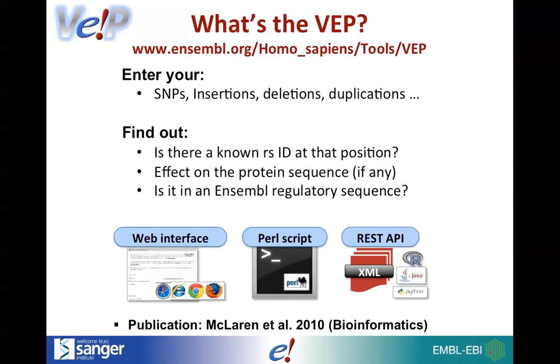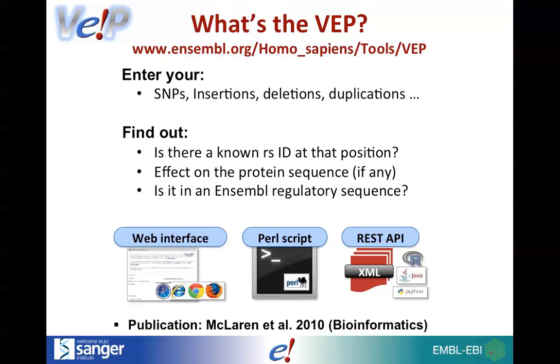So talking about what is the VEP? You've got the URL there if you would like to look into it a little bit further and maybe look at the tool. Basically, you can enter your variants into this tool. So if you have, for example, chromosomal position and different nucleotides or alleles at different positions, you can enter that in.